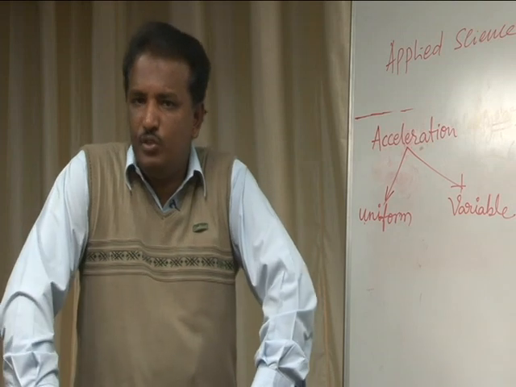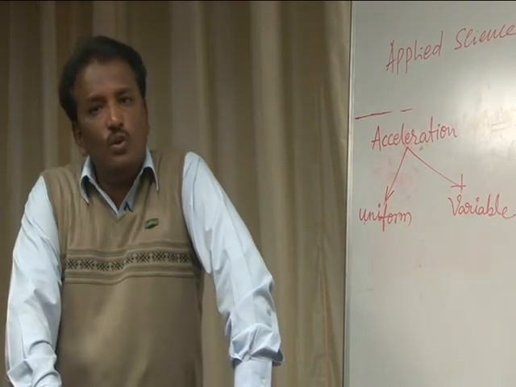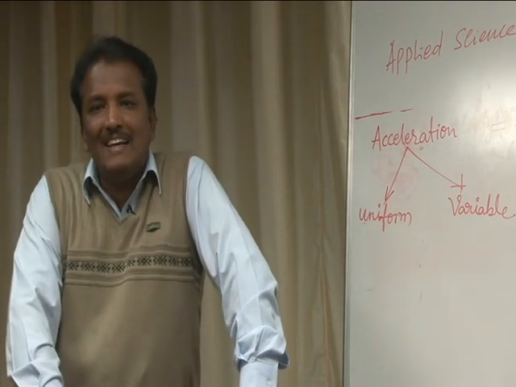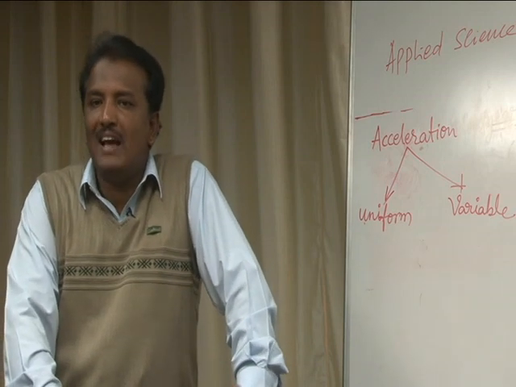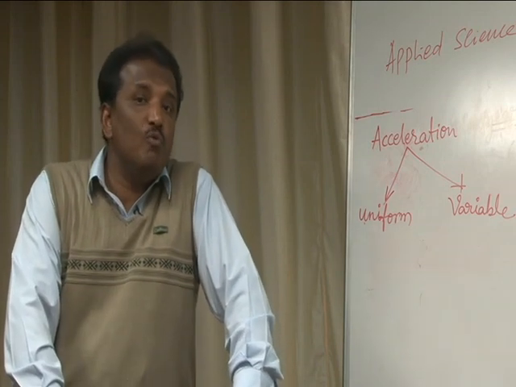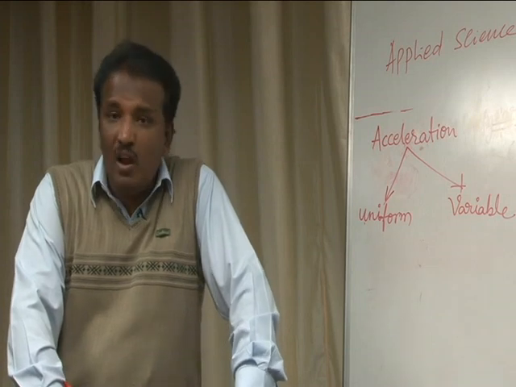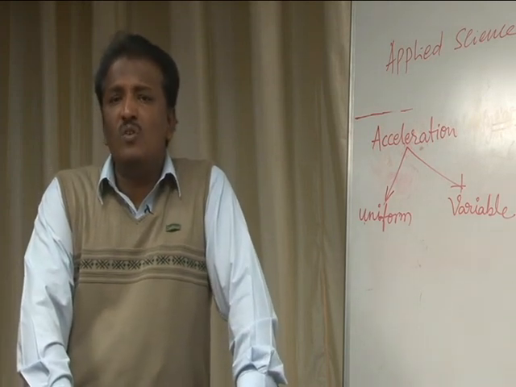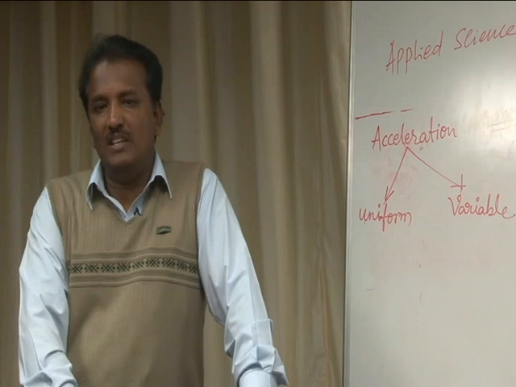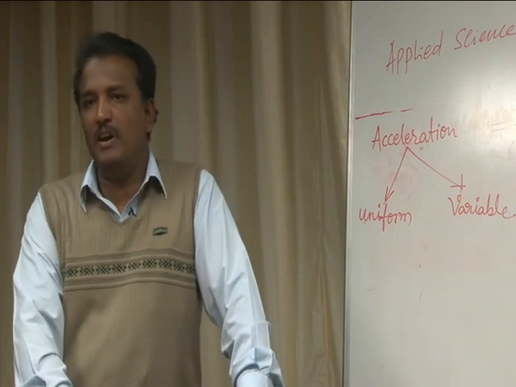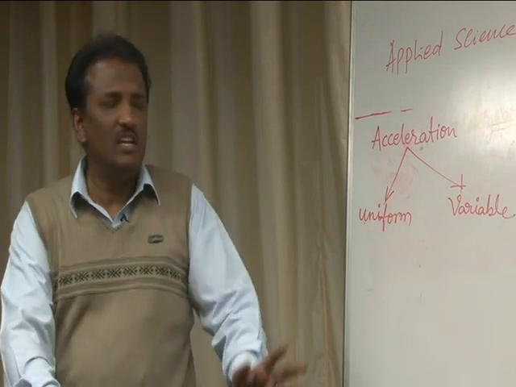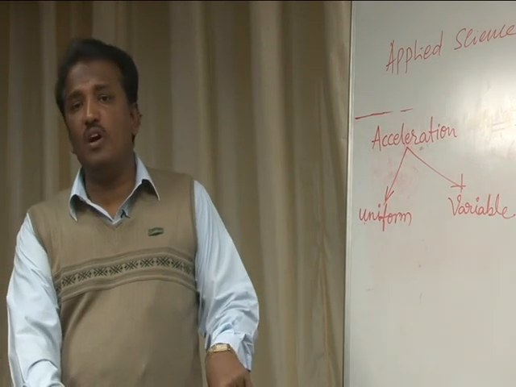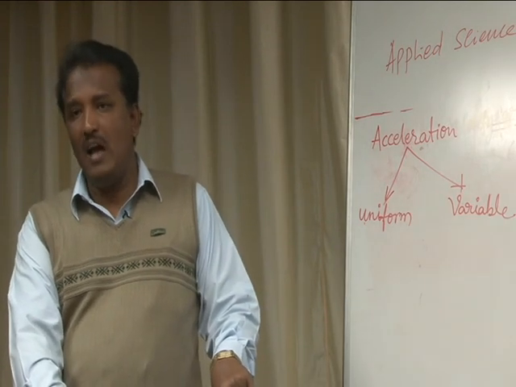Do not get confused. If a body moves with a variable velocity only, then it has some extent of acceleration. Depending upon what type of acceleration it is, you can say whether it is a uniform acceleration or variable acceleration.